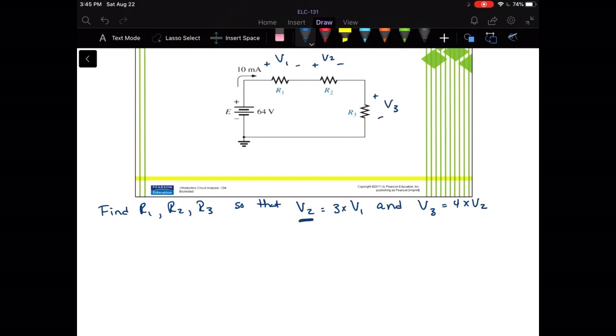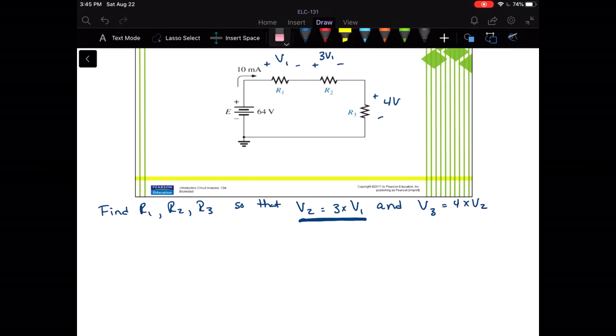Well, if V2 is 3 times V1, then I'm just going to substitute that right up here and say, well, that's just 3V1. And then V3 is 4V2, right? So if I substitute that, that's fine, except V2 is 3 times V1.